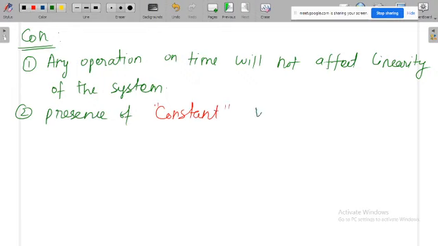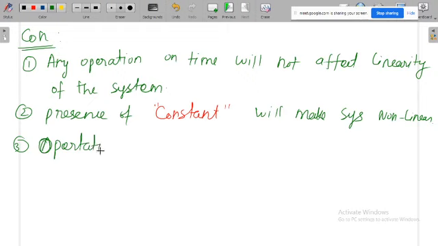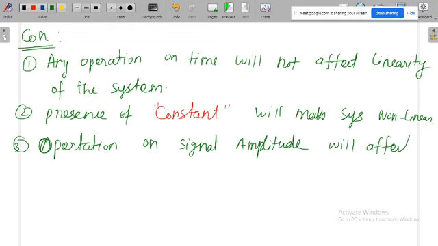Third one, operation on signal amplitude will affect the linearity of the system. That is, it may make the system non-linear.